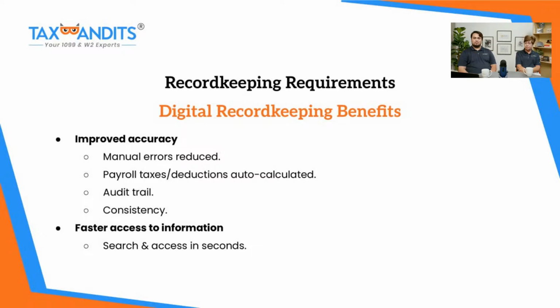Typically, you'll be able to pull records and see all the information to make sure everything adds up, rather than having to go through paper after paper after paper and hoping that you have everything. There's also faster access to information. So again, not having to go through all the cabinets and folders. You can just go in, go to reports, find it, or history, activity log.